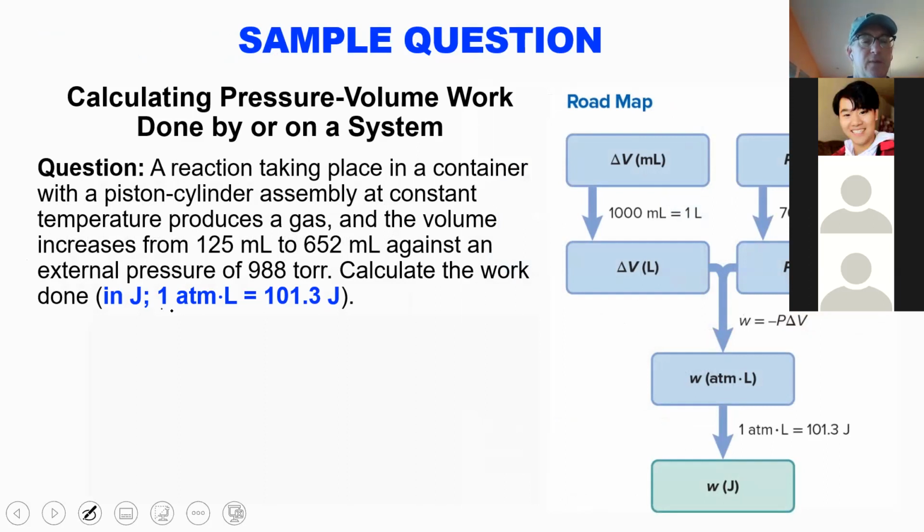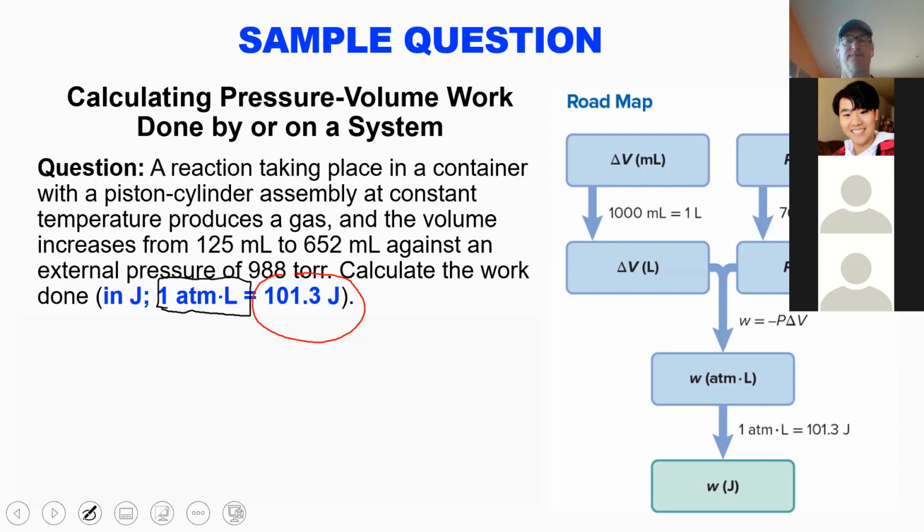So when we change the volume by 1 liter against the pressure of 1 atmosphere, that change in work is this many joules, 101.3. Now again, you won't have to memorize that. You won't have to memorize the amount of joules in a calorie.